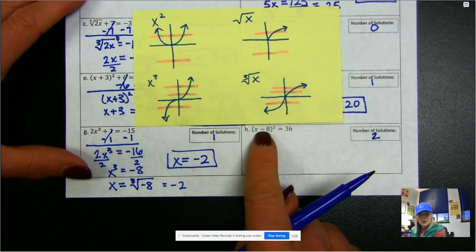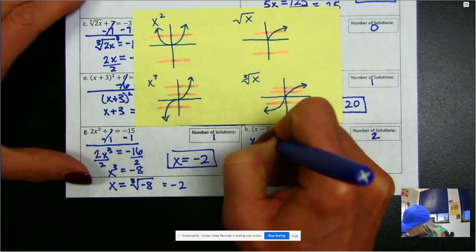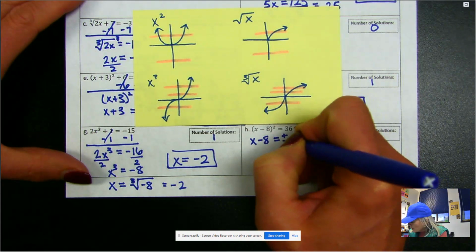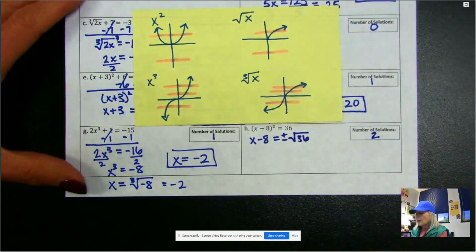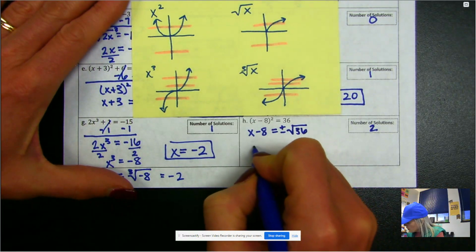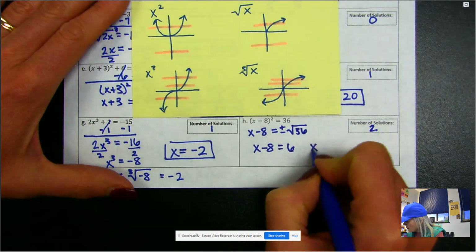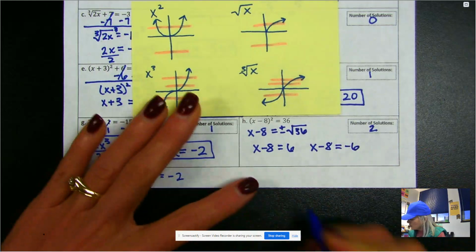And so when we square root here, we get x minus 8. And then remember 36 has two square roots, a positive one and a negative one. So we've got two equations to solve. x minus 8 equals 6. x minus 8 equals negative 6.